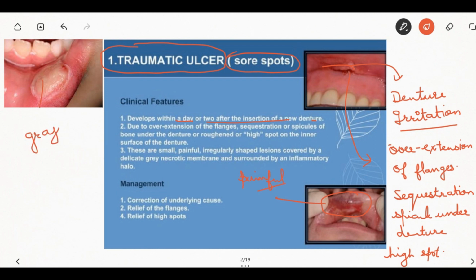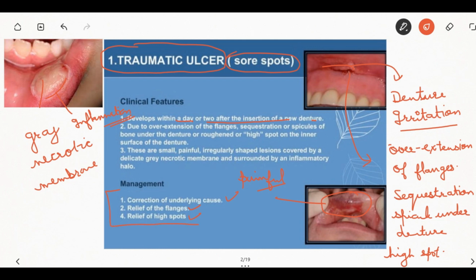So what is the treatment for this traumatic denture ulcer? The treatment consists of correction of the underlying cause. Now what is the cause? The cause could be the overextension of the flanges, that is corrected by giving relief to the flanges, or the sequestration of a spicule of bone under the denture.